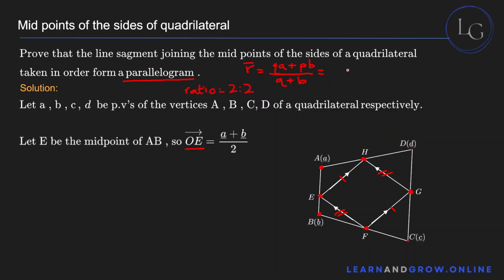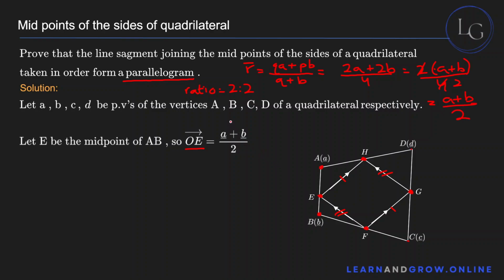So that will basically mean that 2A plus 2B over Q plus P, which is 2 plus 2, which is equal to 4. So when you take 2 common over here, that means it's 2 times A plus B over 4. Now you can cancel this out and this becomes 2. So that just leaves you with A plus B over 2.